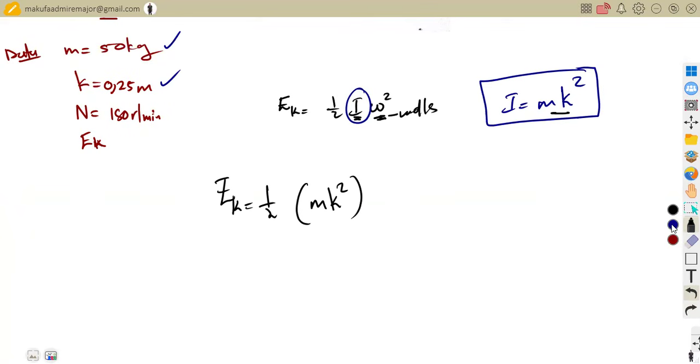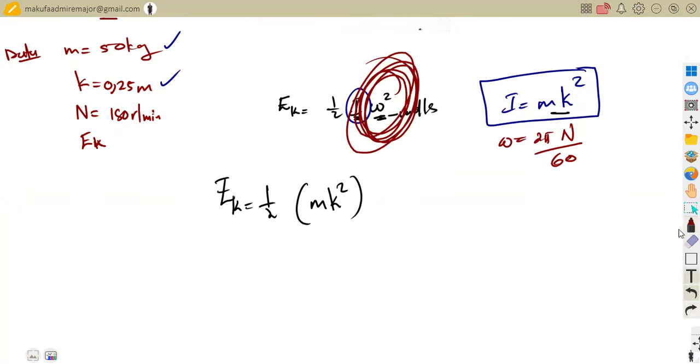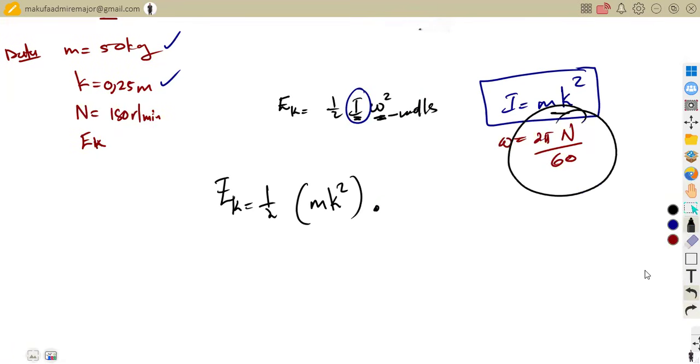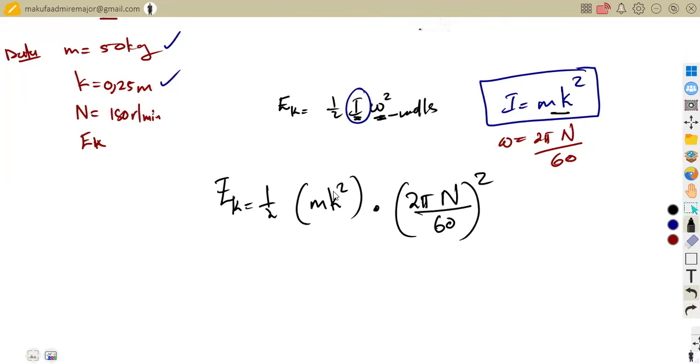Remember how you convert from revolutions per minute to rad per second: you use 2 pi n over 60. But it's omega squared, so this is also squared. That is the formula for the kinetic energy, which is measured in joules.